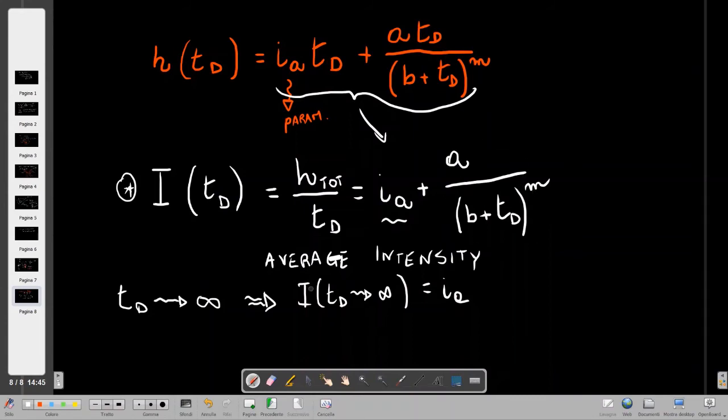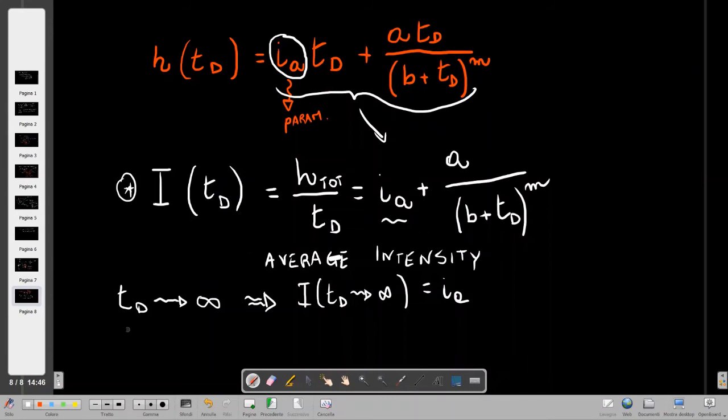So the average intensity for very long events is IA. So this parameter has a physical interpretation. It is the average intensity of a very long rainfall event.